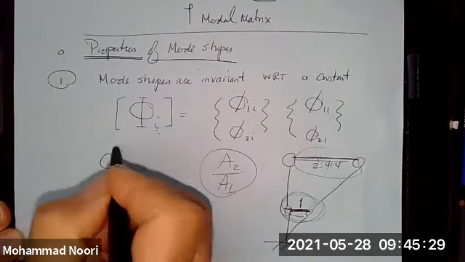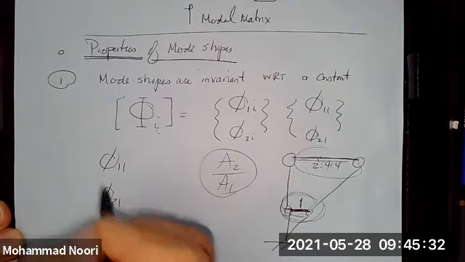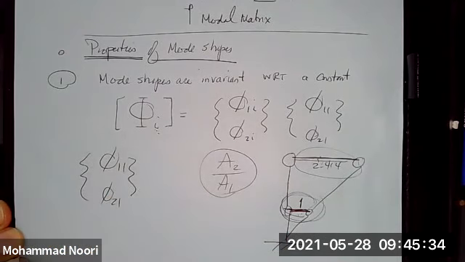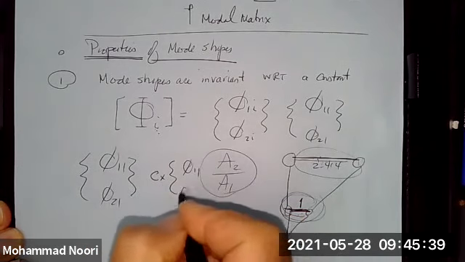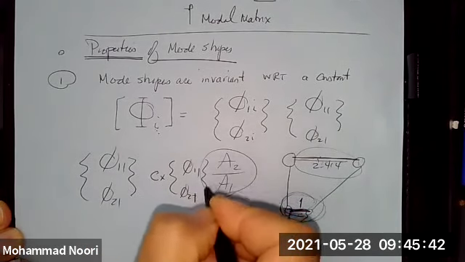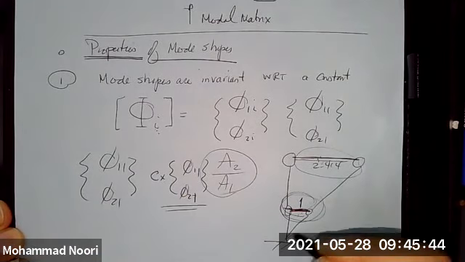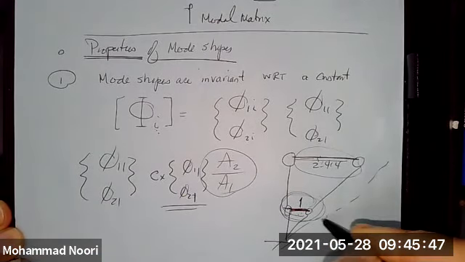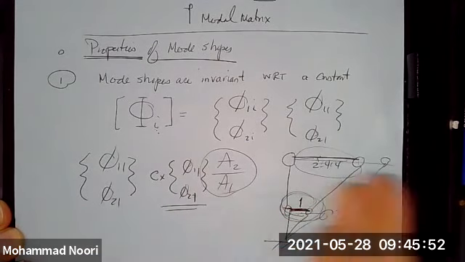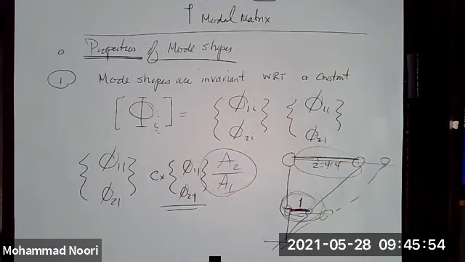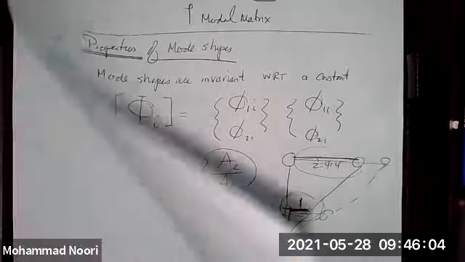In other words, if Phi11, Phi21 represents a mode shape, a constant times this would still represent the same mode shape, because it's a qualitative shape of the deformation of this system. So mode shapes or eigenvectors are always invariant with respect to a constant.